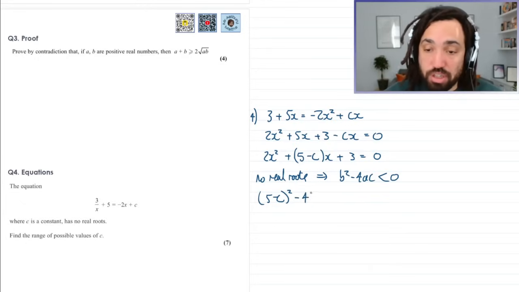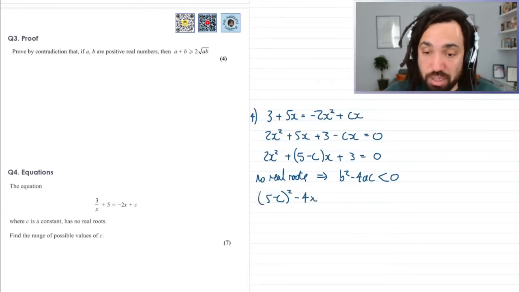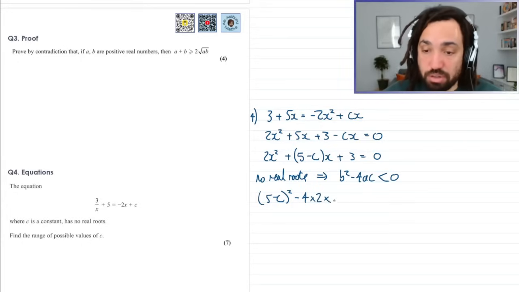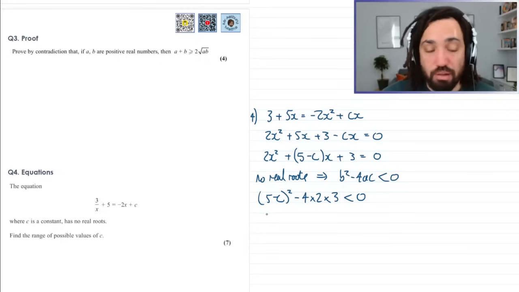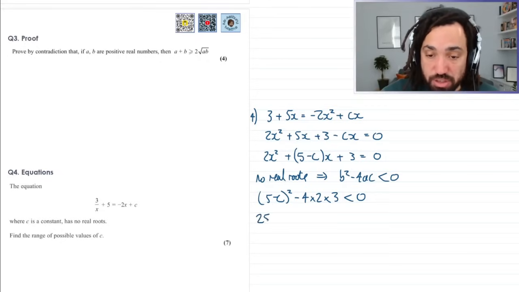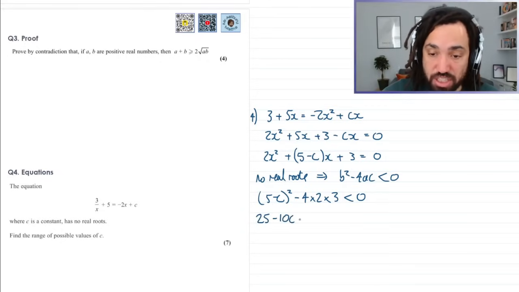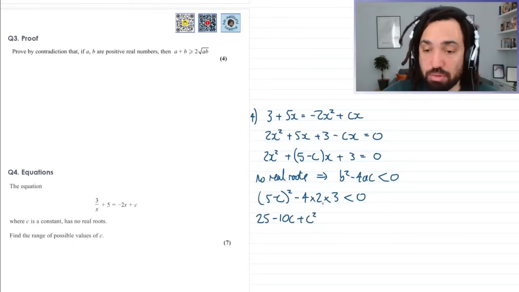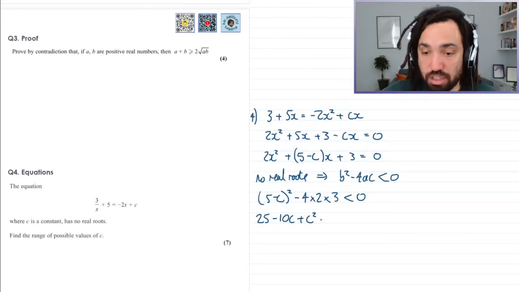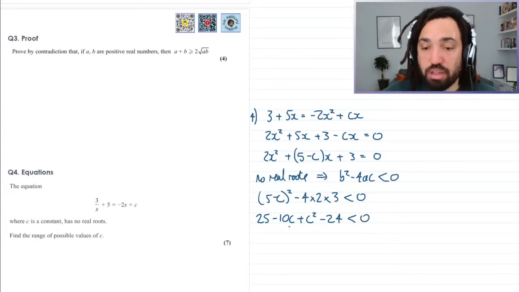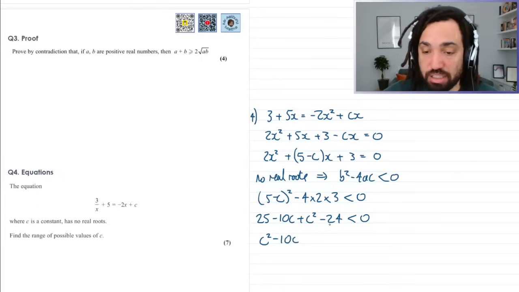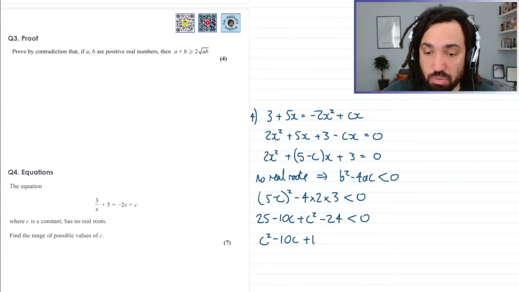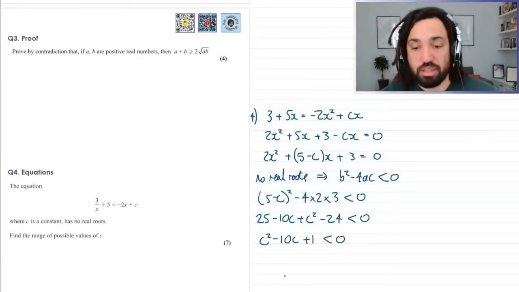Minus 4, the a is the coefficient of the x squared, which is 2, and the c is the constant term, which is 3, and all that to be less than 0. Expanding this out gives me 25 minus 10c plus c squared, and multiplying these together gives us 24. So that's less than 0. Writing this out and collecting up these constant terms gives us c squared minus 10c plus 1 is less than 0.